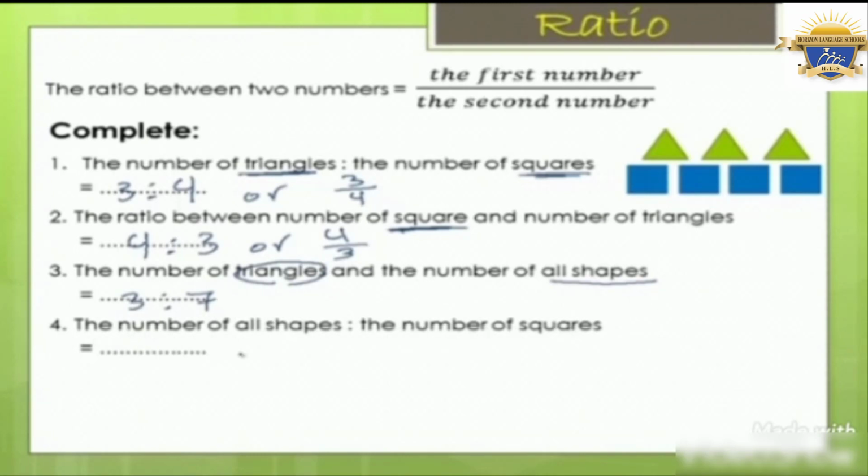Here, the number of all shapes, which is 7, to the number of squares, 4, so the answer is 7 to 4 or 7/4. We have to write it in its correct order, the first number over the second number, so the order is very important.